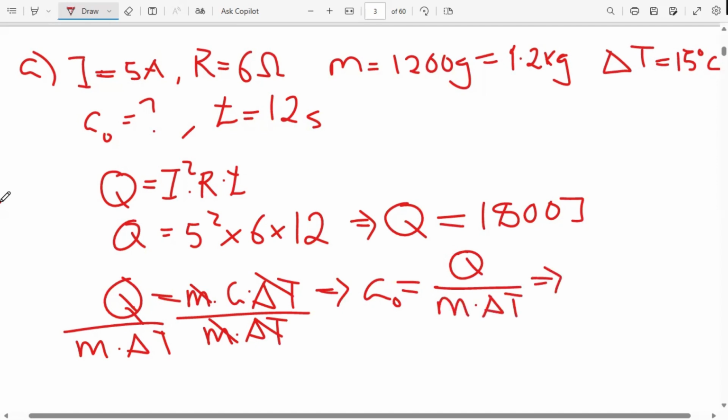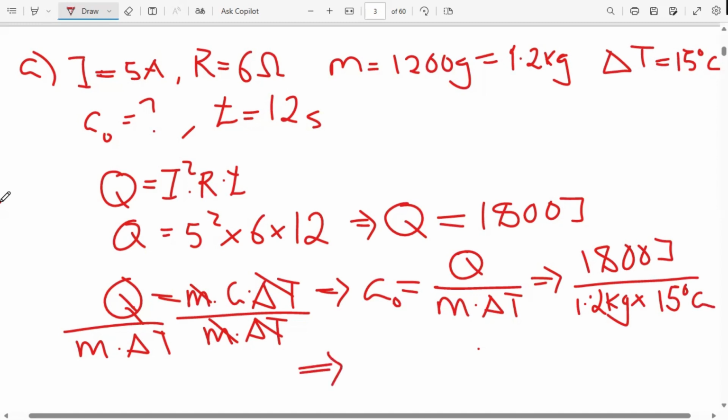This is going to be equal to 1800 joules over the mass, which is 1.2 kilograms, multiplied by the change in temperature, which is just 15 degrees Celsius, like that. So let me try and manipulate the denominators first.